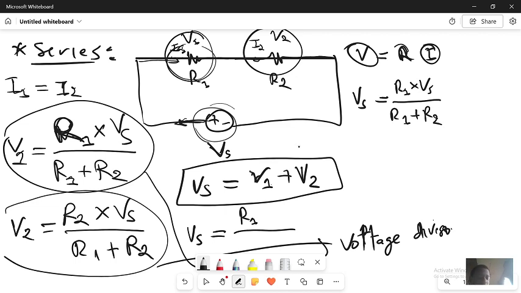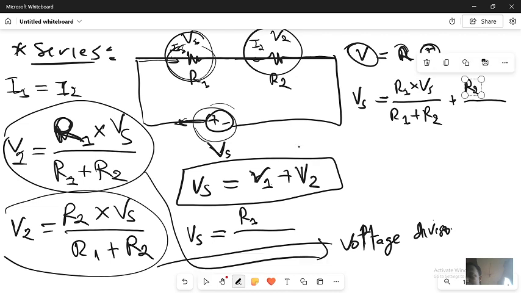What's the value of V2? R2 multiplied by Vs divided by R1 plus R2. Since both terms have the same denominator, I can keep it outside.